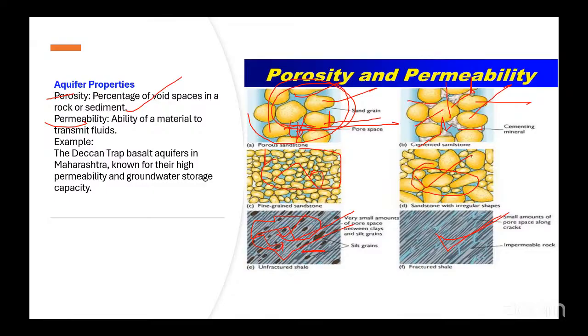It may not have permeability because of the cementing nature. And unfractured shale may have porosity, but may not have permeability. Here, fractured shale may have porosity and permeability. So these are the two types of conditions based on aquifer parameters.